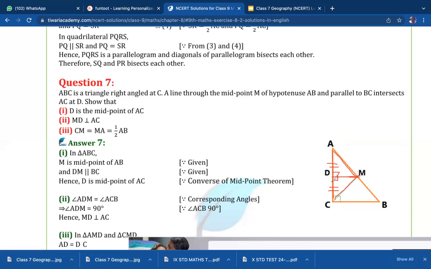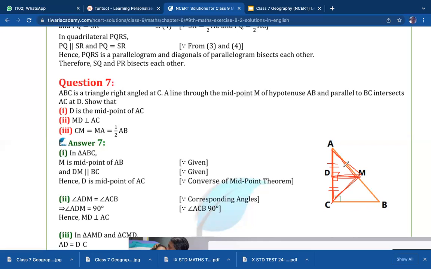Sides AD and DC are equal, DM is common, and the angle between the two sides is equal. So by SAS, side, included angle and side, the two triangles ADM and CDM are congruent. So what can we say? The corresponding parts of congruent triangles are equal.